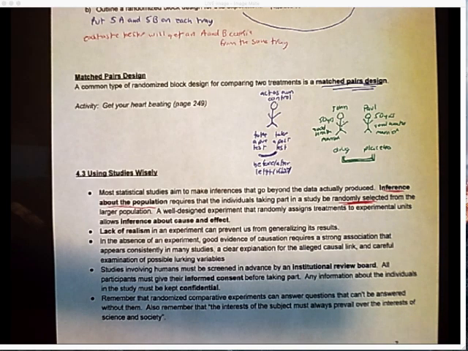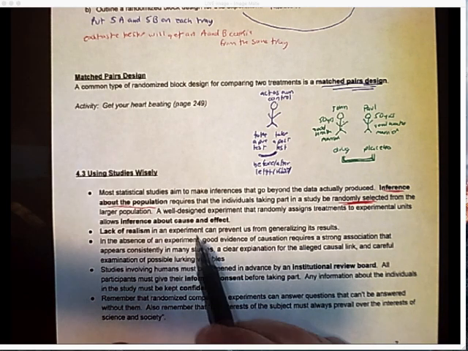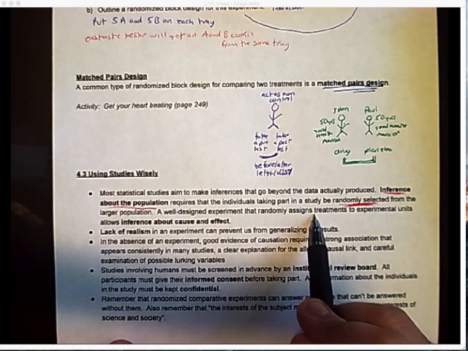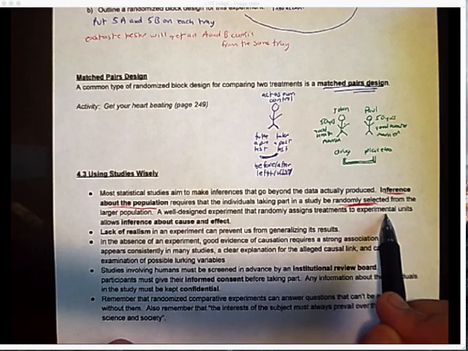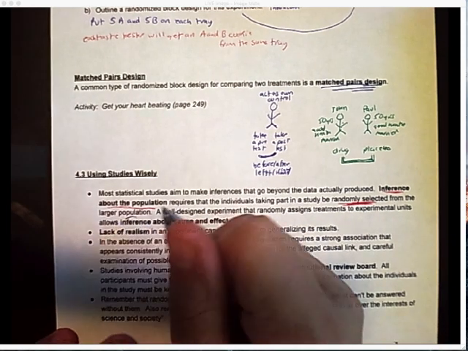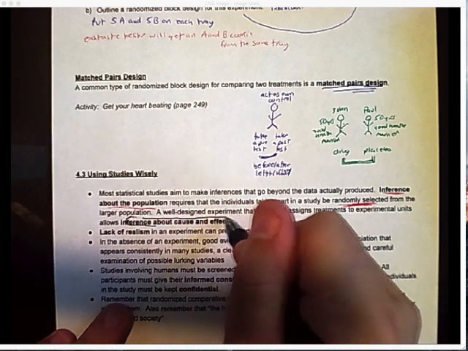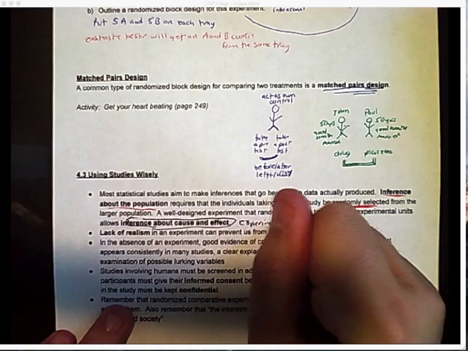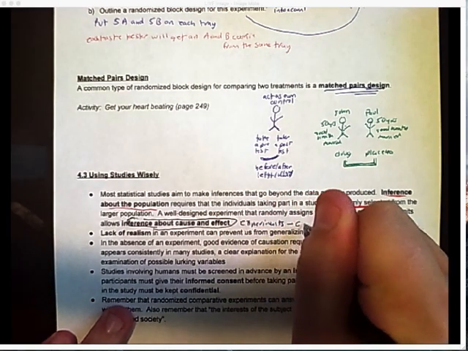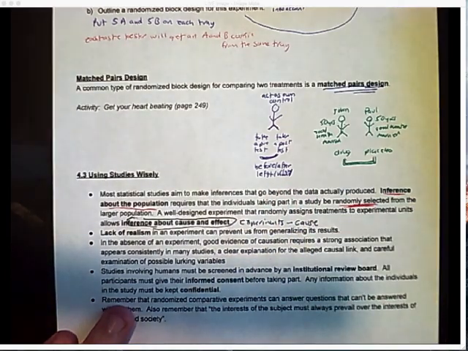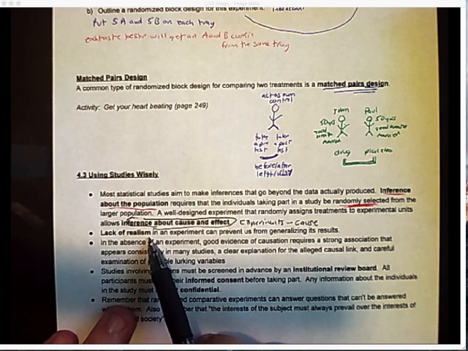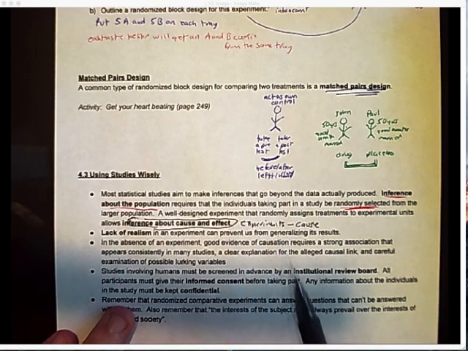In the case of experiments, a well-designed experiment that randomly assigns treatments to people or experimental units makes you able to draw cause and effect. So with experiments, you can use words like cause, but if it's not an experiment, you cannot use cause and effect. If there's a lack of realism in an experiment, you can't generalize the results.